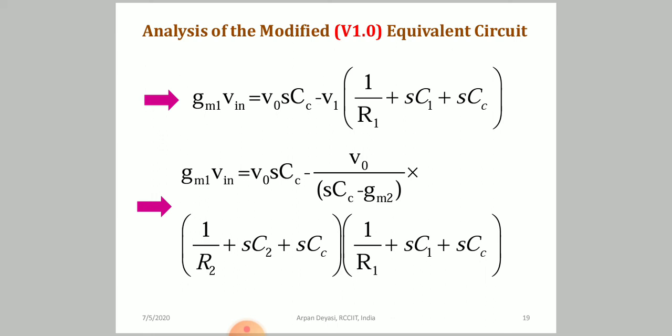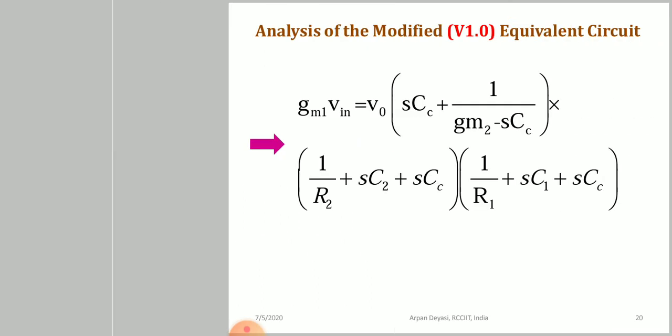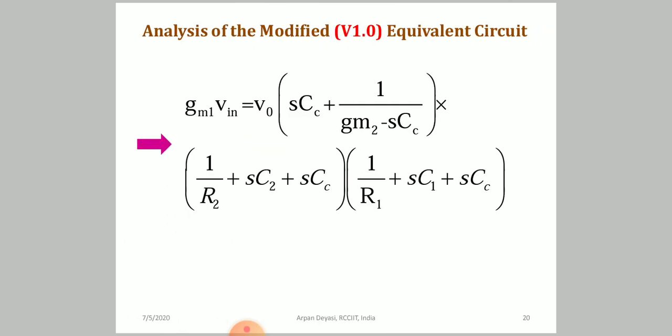And we have already calculated V1 as a function of V0, the same procedure as shown in the previous mathematical calculation. The same substitution. And now you will get one expression between Vin and V0. Look, Gm1 Vin equals V0 into 3 parameters, huge parameters multiplied.